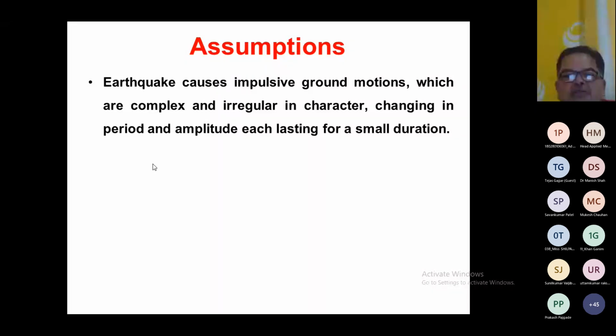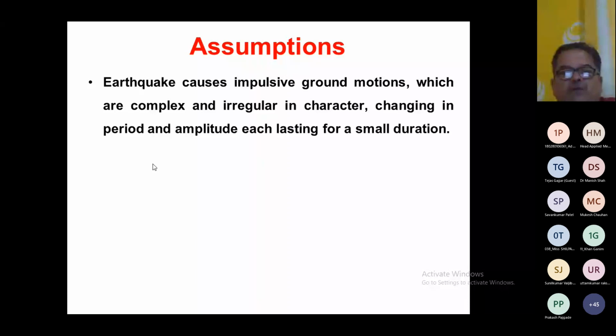So the code is saying that the earthquake carries different frequencies. Now, our structure has a definite frequency because once construction is over, its stiffness is fixed and its mass is fixed. So the natural frequency and natural period of the constructed building are well defined. Now this earthquake comes with different frequencies, 3 hertz, then 10 hertz, then 20 hertz, and these keep changing during the shaking.